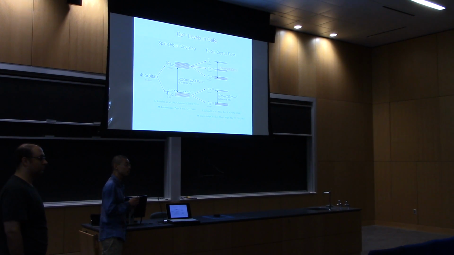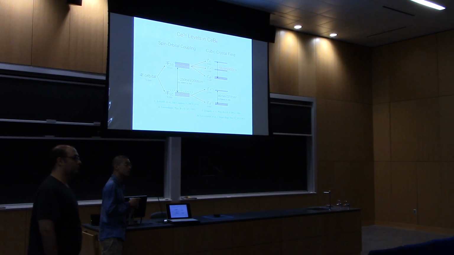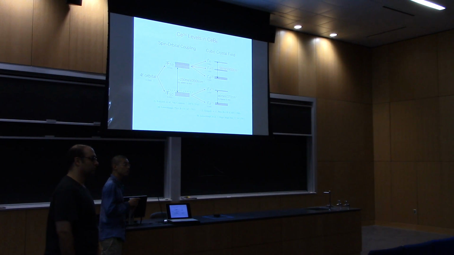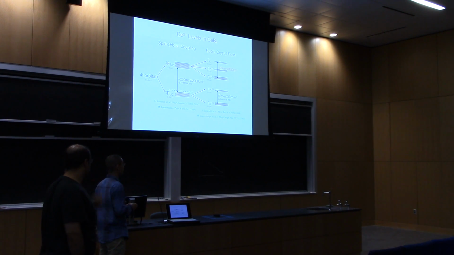I guess your question was, how do we know that the gamma 7 is not the ground state, rather than gamma 8? The question is about which one is the ground state. This was determined previously by many methods, for example neutron scattering, Raman scattering, and also NMR experiment, but none of them will tell which one is the lowest.